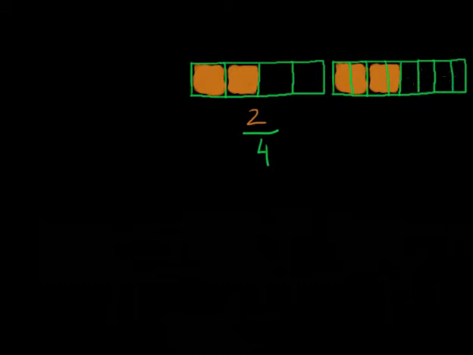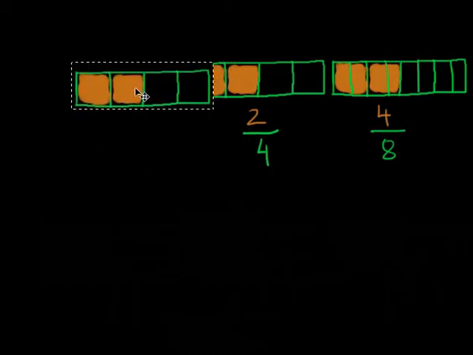So now I have total 8 boxes. 1, 2, 3, 4, 5, 6, 7 and 8. So out of these 8 boxes, how many are shaded brown? They are 4. I'll do it in the respective color. 4.